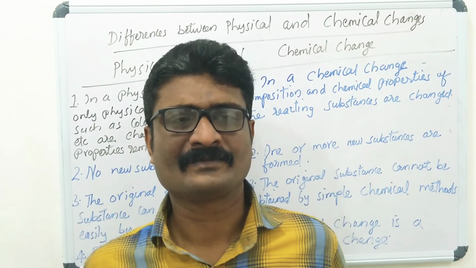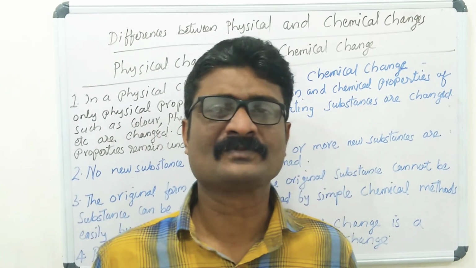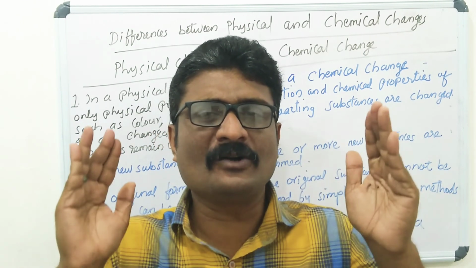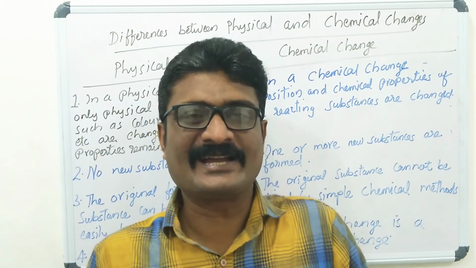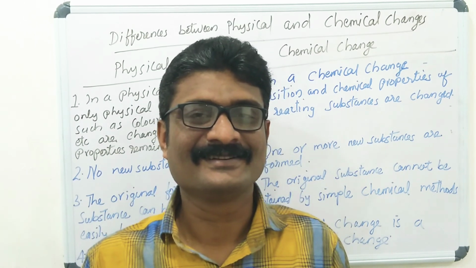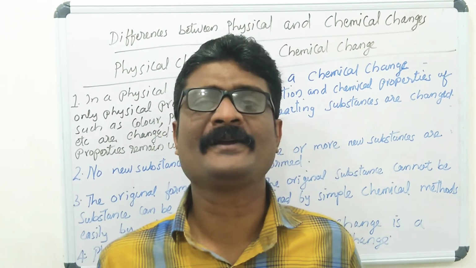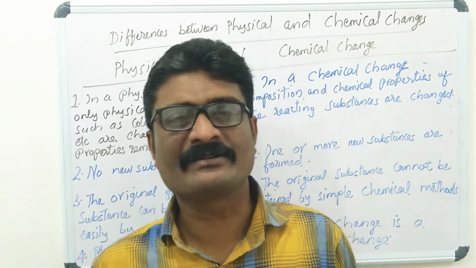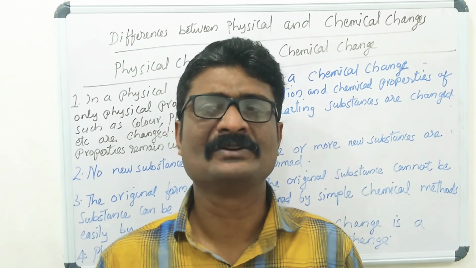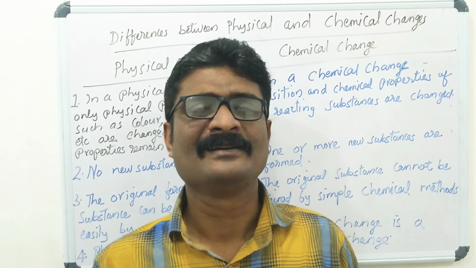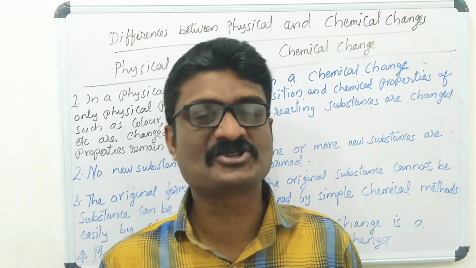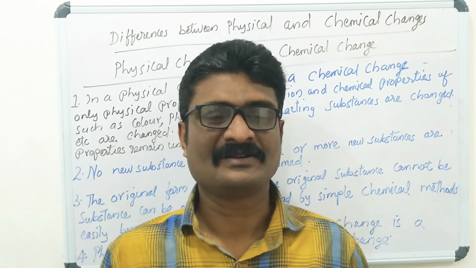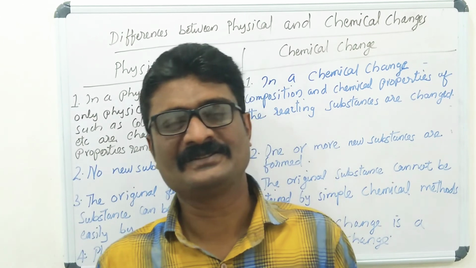Then I am going to ask a question to you. Why is the cooking of food considered a chemical change? During cooking, we know many chemical reactions take place within the food material. The taste and the chemical structure are also changed.